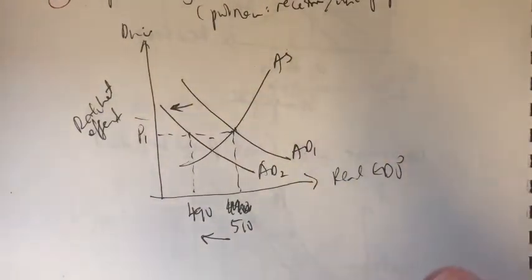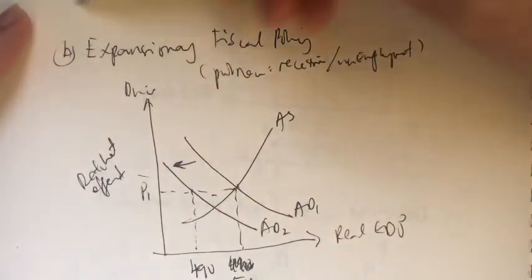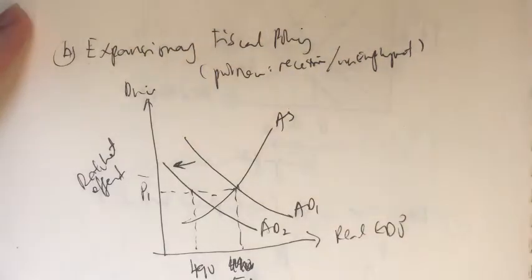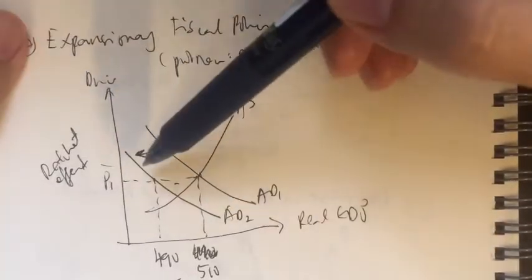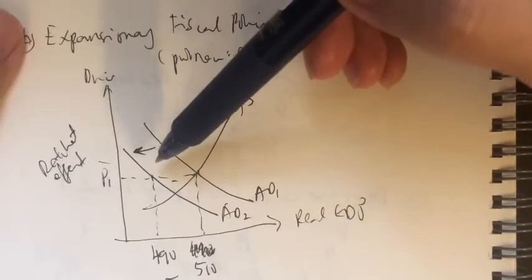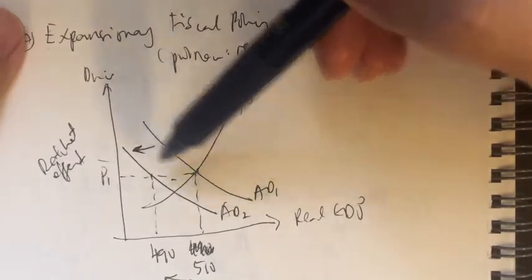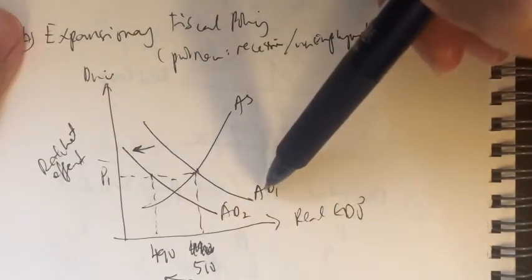Now, since we acknowledge this is our problem, we need to apply the expansionary fiscal policy. So how will that take place? What happens is, since the problem is a fall in aggregate demand, the government would want to increase back the aggregate demand. So we want to go from AD2 back to AD1.